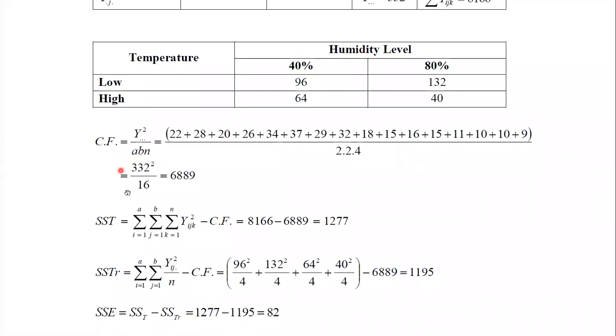Total is finished, treatment is finished, and now error is finished. Now in the ANOVA table, you had treatment, total, error, and the next step is to elaborate this treatment sum of squares.